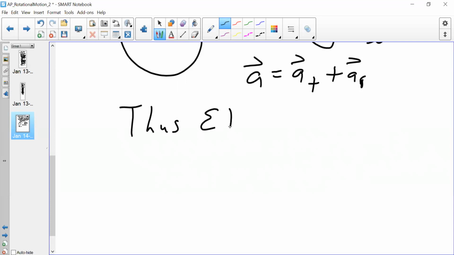Thus, the net force, so call it sigma F or F net, is going to be made up of all of the forces that make up the tangential force. If there were multiple forces, we add those and get this, plus all of the forces that make up the radial or centripetal force. There could be multiple forces there, as we know.